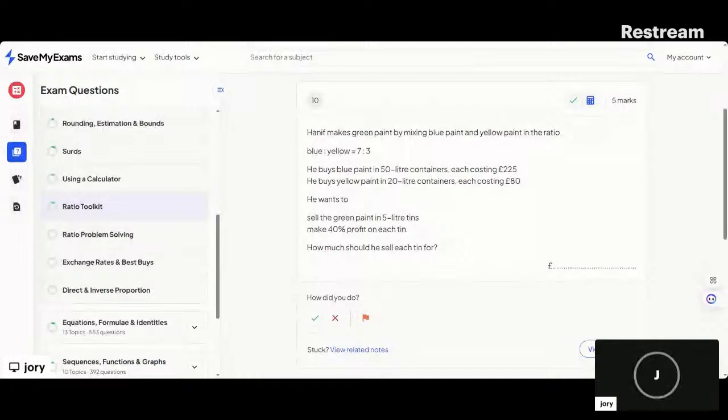But we're going to do this. Multiply by 5. So you're going to need 35, and then 3 is going to be 15. Wait, but you can't get 15 in a 20-liter container.